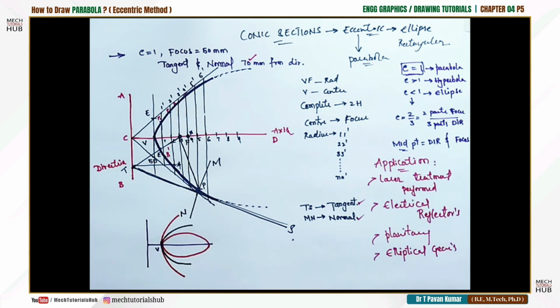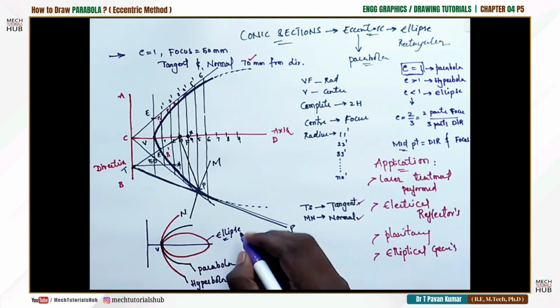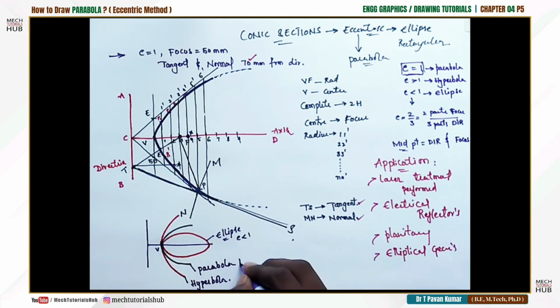The first curve we call the ellipse, which will turn 360 degrees; there will be a meeting point. This one is the parabola, this one the hyperbola. For the ellipse, e is less than 1; for the parabola, e is equal to 1; for the hyperbola, e is greater than 1.